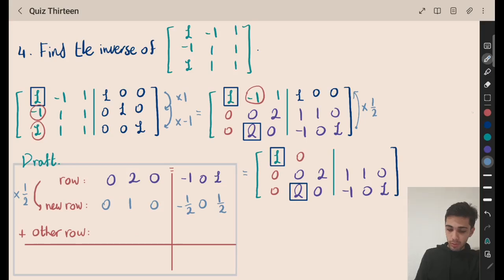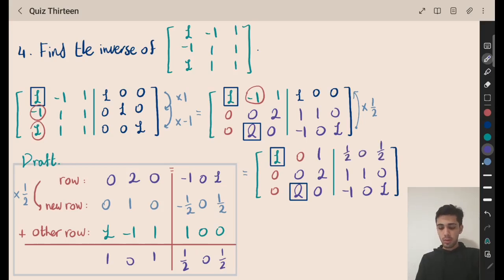And I added to the first row, which gives me this.